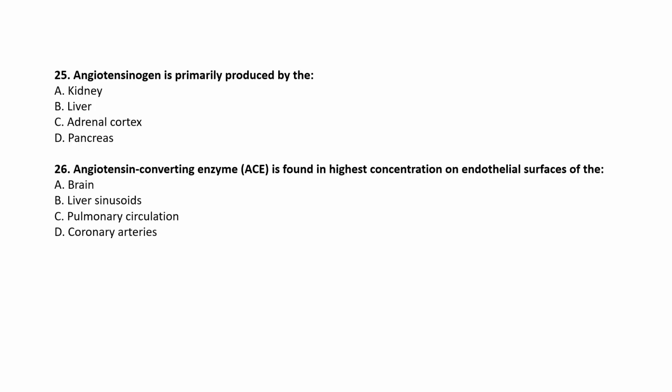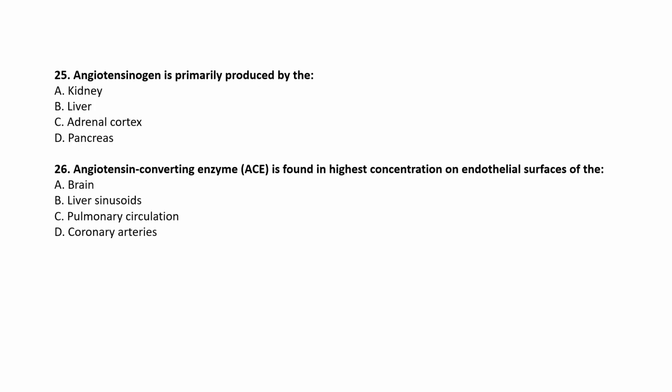Yeah. So the correct answer is pulmonary circulation because it is released from the lungs, right? So that's what it's pertaining to. So ACE you will find mostly in the lungs or the pulmonary circulation.